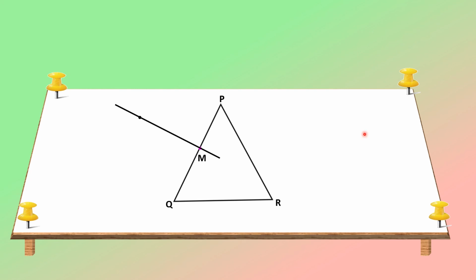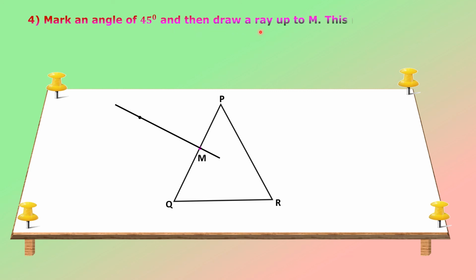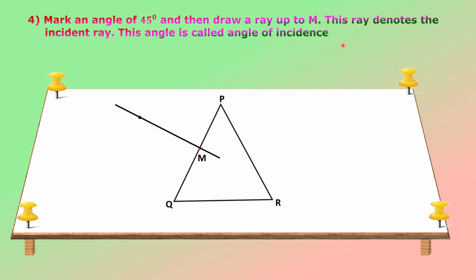Now we have to mark an angle of 45 degrees. See here. Mark an angle of 45 degrees and then draw a ray up to M. This ray denotes the incident ray. This angle is called the angle of incidence. I am going to mark an angle of 45 degrees with the normal.